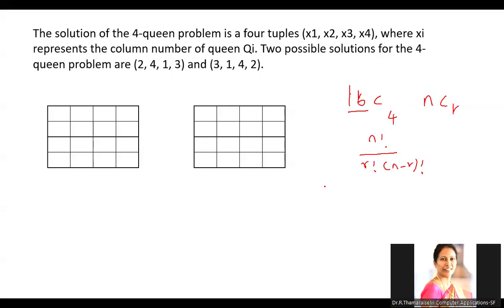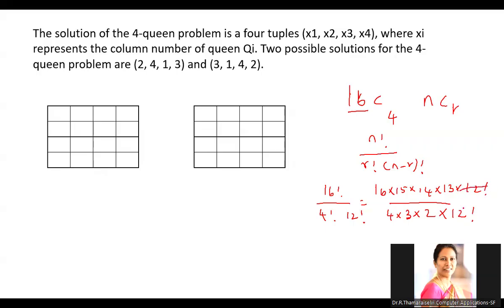Okay. So 16 factorial divided by 4 factorial into (16 minus 4), which is 12 factorial. That is equal to 16 into 15 into 14 into 13 into 12 factorial, divided by 4 into 3 into 2 into 12 factorial.